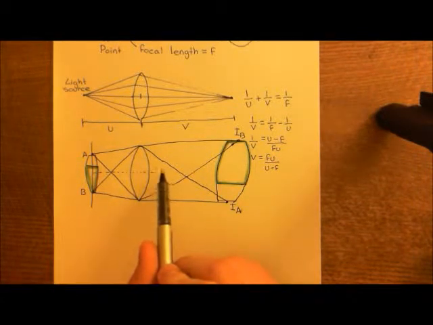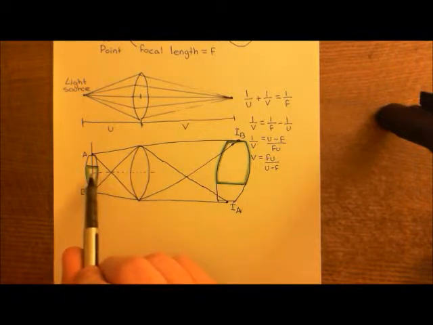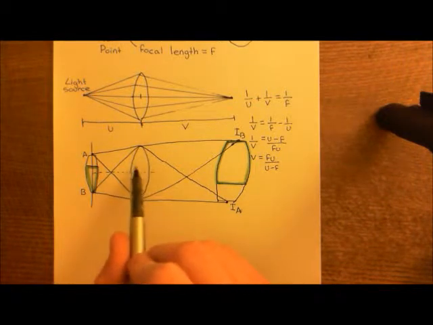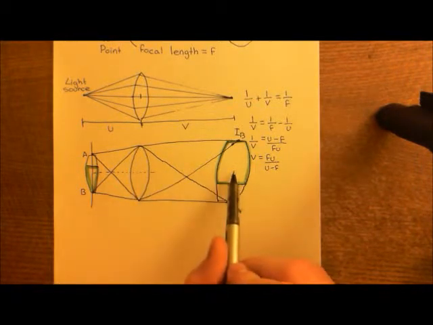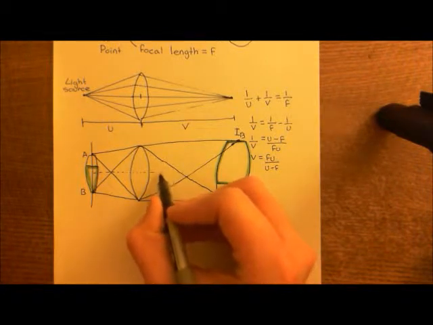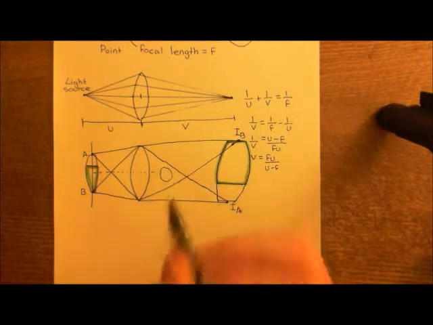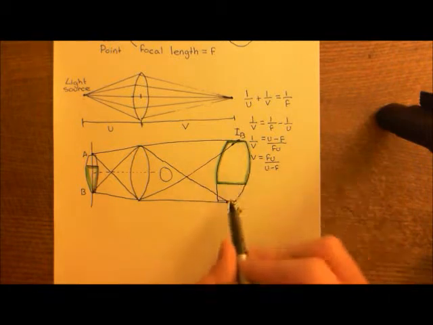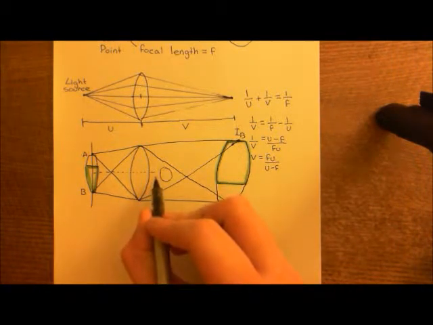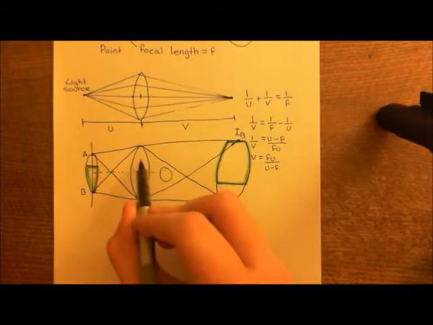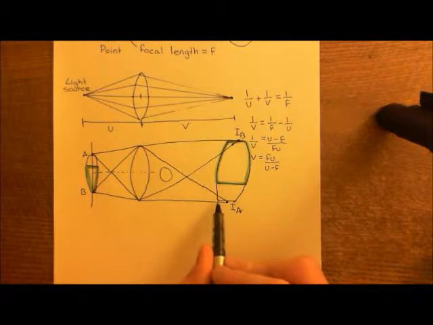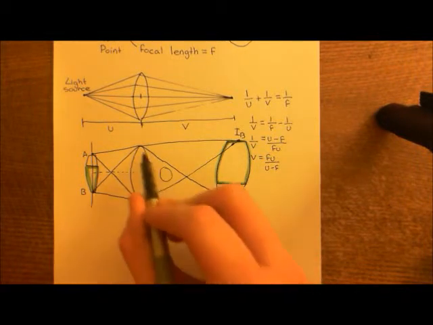And the reason is, firstly, that the distance between the thing you're trying to look at and the lens is too small, and also the distance between the lens and your eye is too small. So if you imagine putting your eye here, let's put a circle to represent your eye, rather than where this image is being formed over here, what you'll see is not upside down, because the light hasn't yet had time to cross from one side to the other.